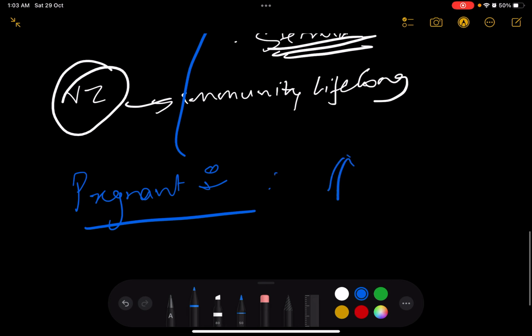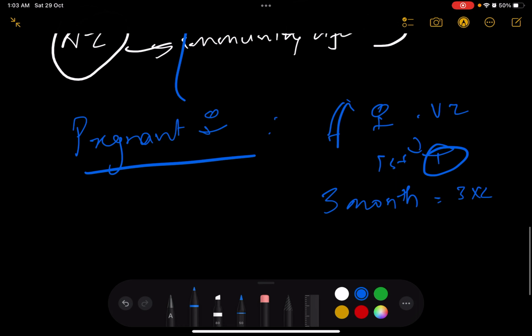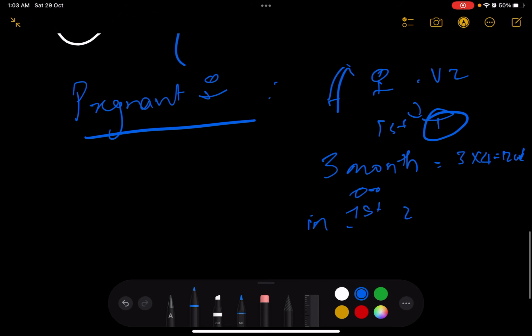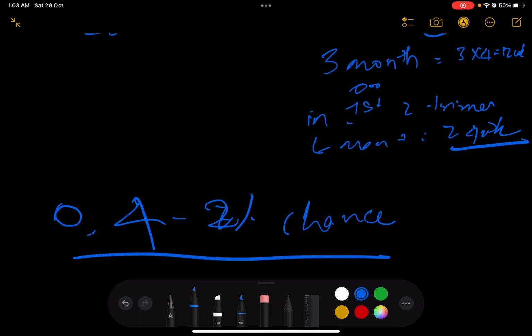If the female gets varicella zoster in the first trimester, that is 3 months, or we can also say 3 into 4 or 12 weeks, or in the first two trimesters, that is 6 months or 24 weeks, if the patient gets it in that time period, there's a 0.4 to 2% chance of congenital varicella zoster.